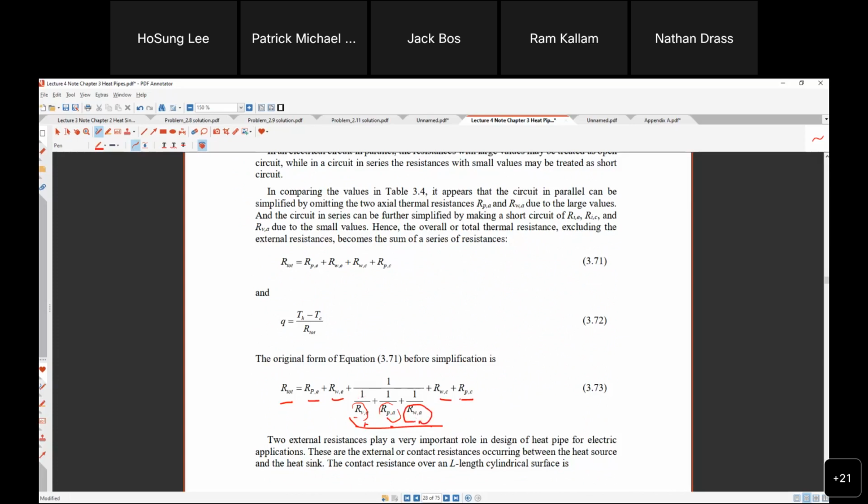So when we compare the inverse value, which one would be negligible relatively? Come on, the large one, which one? The bigger value. Vapor adiabatic or pipe adiabatic or wick adiabatic?